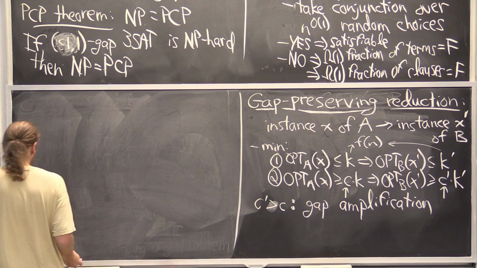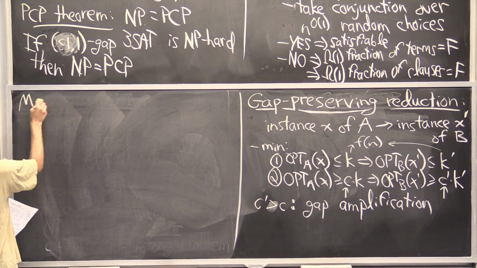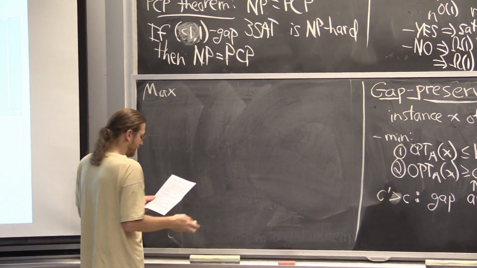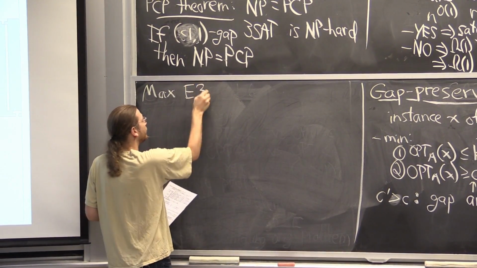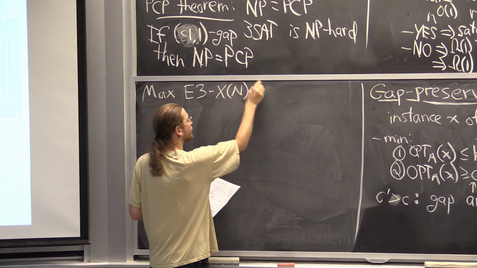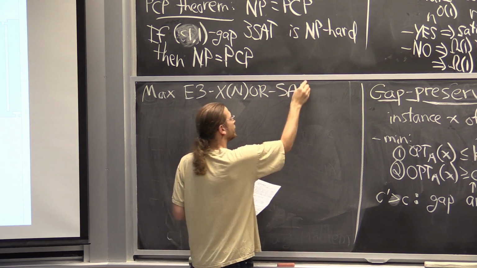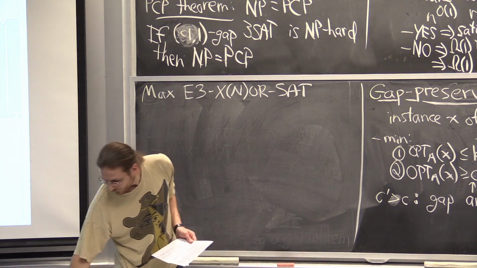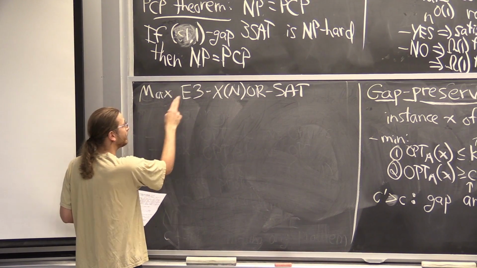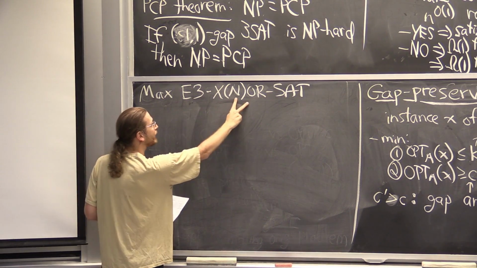Cool. So I'm going to reduce a problem which we have mentioned before, which is max exactly 3 XOR and XNOR-SAT.